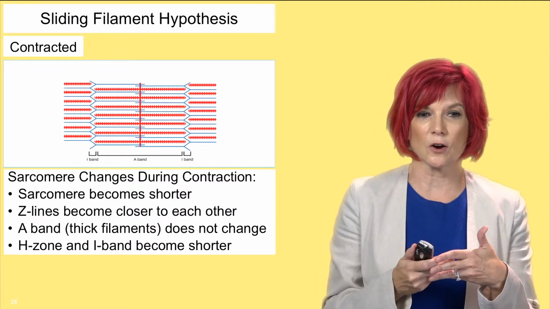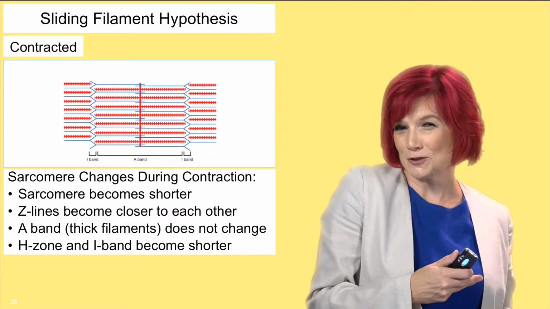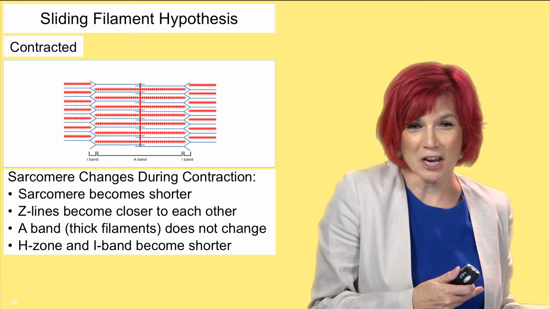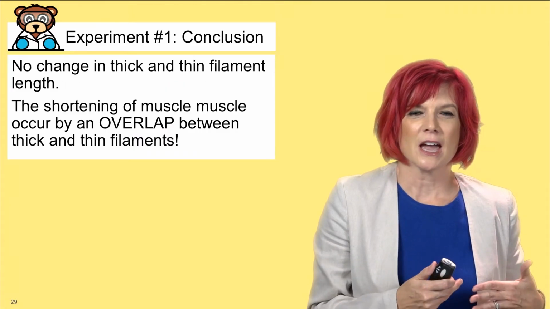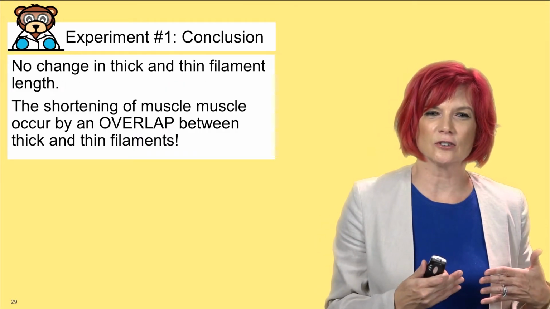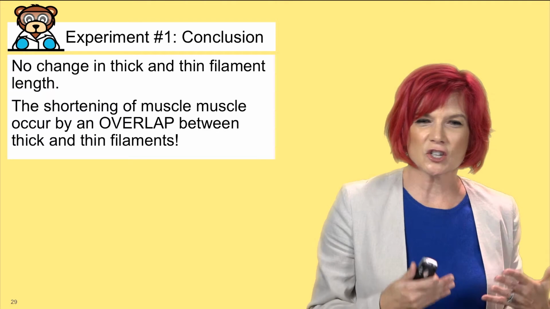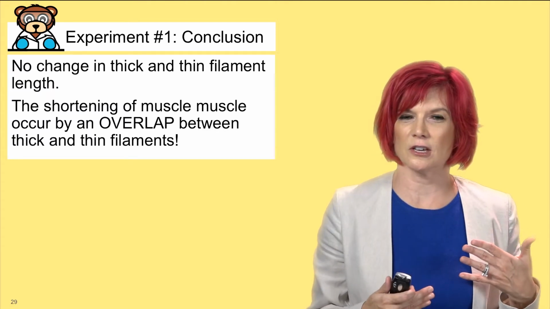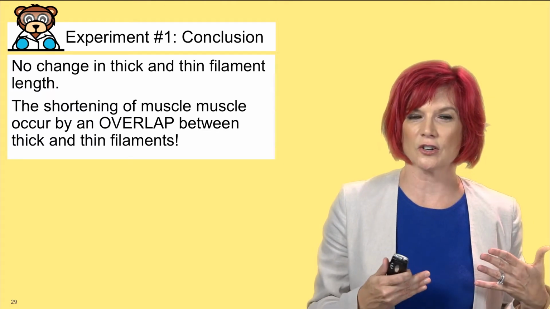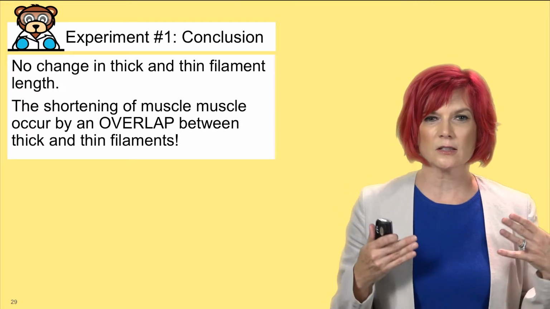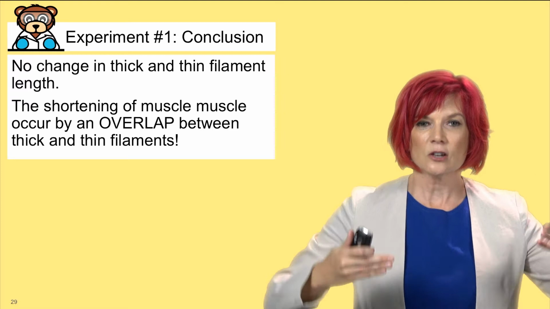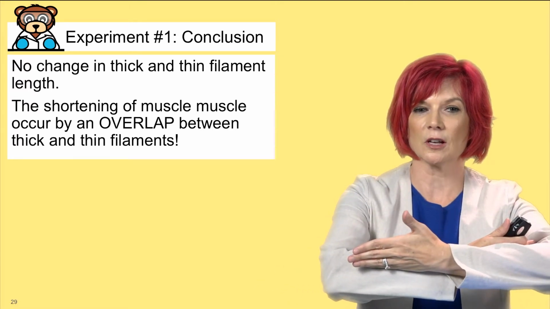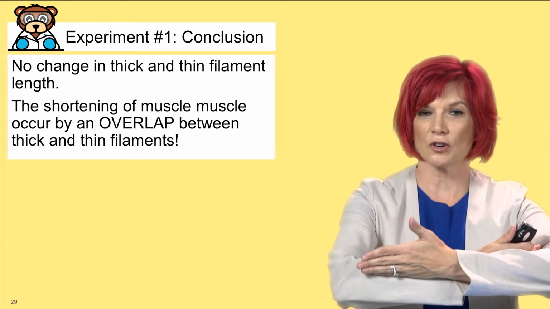And so what I just showed you about the different changes that took place in the sarcomere are articulated below. That led scientists to the conclusion that there isn't any change in the actual length of the thick and the thin filaments during contraction. It's this whole concept that they're overlapping with one another, and that overlapping is allowing skeletal muscle to shorten during contraction.